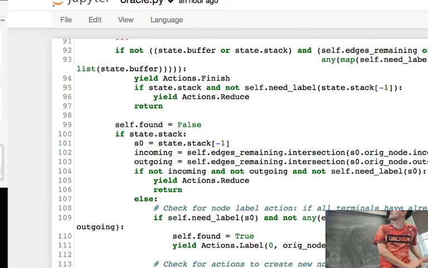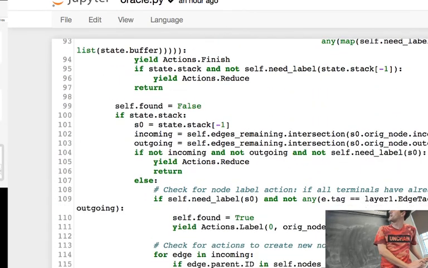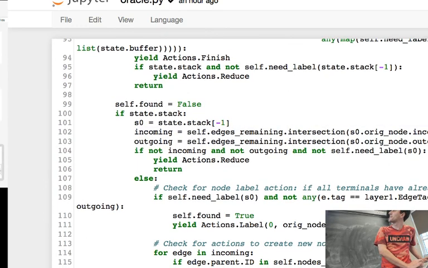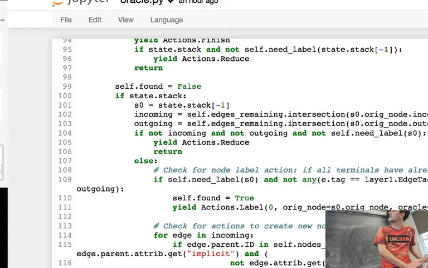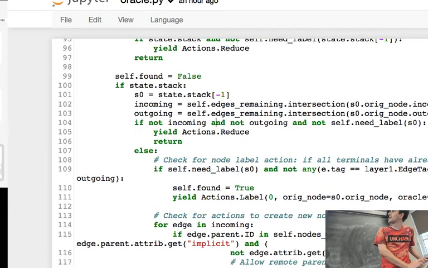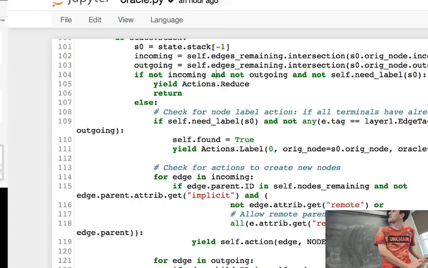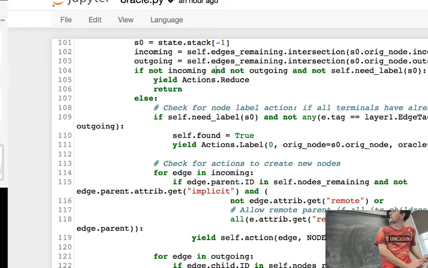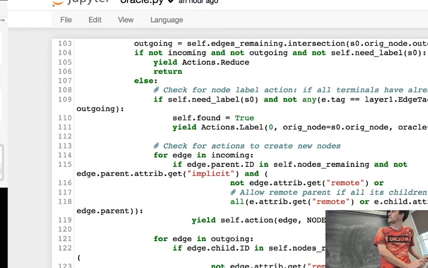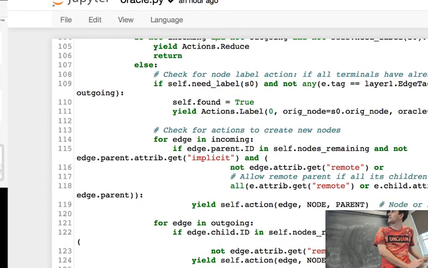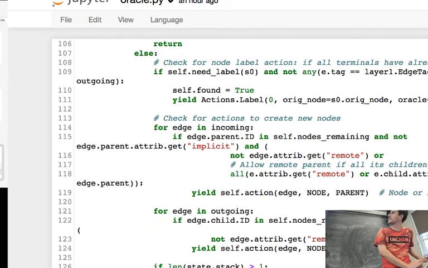Then if there's a stack and there are edges remaining on incoming and outgoing, you can create these incoming and outgoing sets, but if they do not exist and you do not need a label, reduce, and none of the outgoings are terminals, you can add this label. If there is incoming, that means you potentially need a new node.